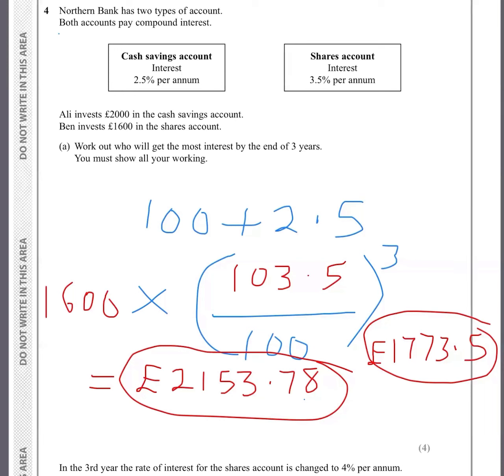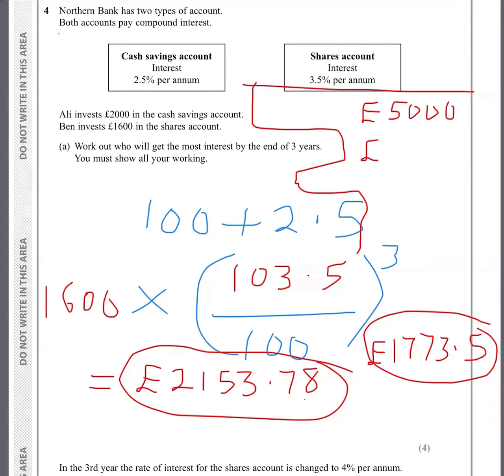I'll give you a scenario. I'm sure you have some money in your account, right? So if you put your money in the account, let's say for example you have £5,000 and you keep that in your account, and at the end of the day you go back there in 6 months and you notice that your money has increased to £5,100.